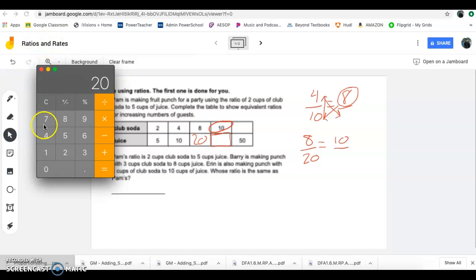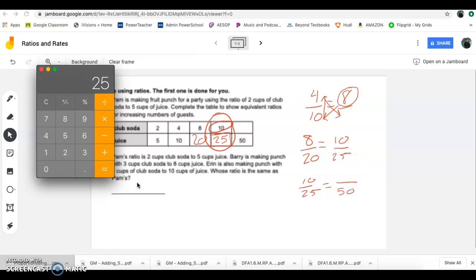So use our trusty calculator here. 10 times 20 divided by 8, and we get 25. And last but not least, now we've got 10 over 25 here, and we're comparing it to something over 50.